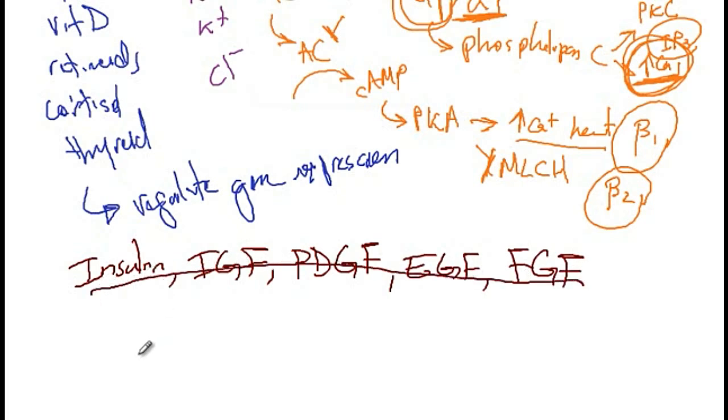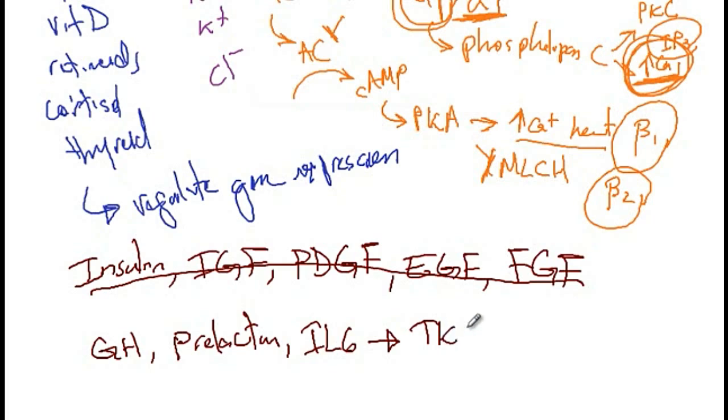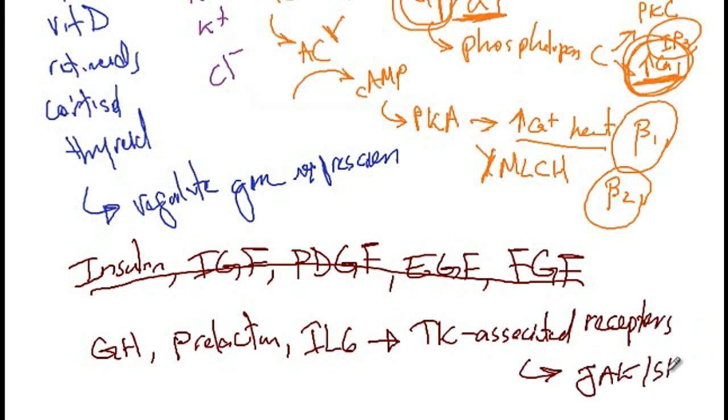And then there are factors such as the growth hormone, prolactin, an immunomodulator like the IL-6, which will act on the tyrosine kinase associated receptors. And these receptors actually function by recruiting the JAK and STAT molecules, which will enhance phosphorylation of different enzymes.